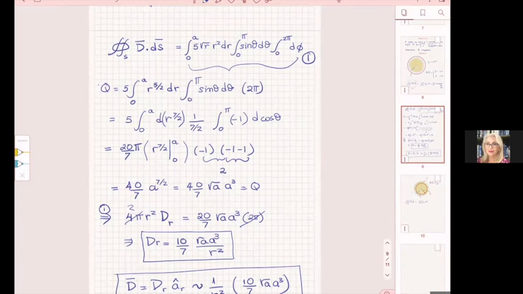Did I put the 2 pi here? 2 and 2, 10, 20. Now that's correct. Okay, so it's going to be like this, but with R.